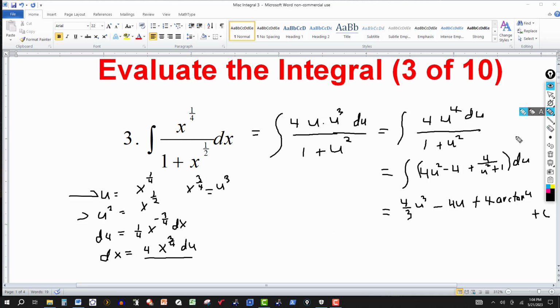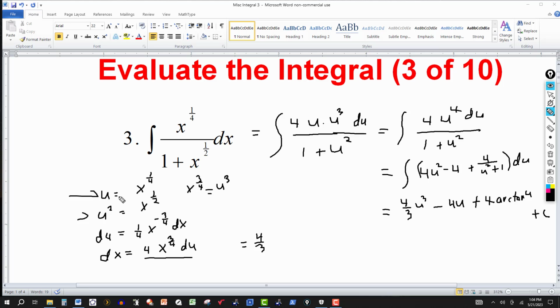And that's pretty much your answer, other than going back to the original variable. So I'm going to continue over here on this side. This will be equal to 4/3 u cubed, but u is x to the 1/4.